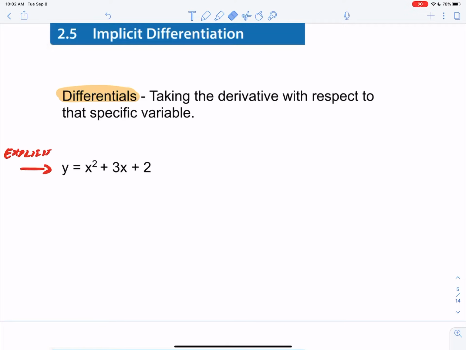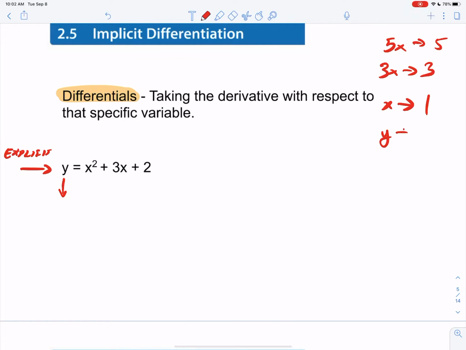Suppose that y was a variable, okay? The derivative of y is just 1, okay? But with respect to y. So for instance, if I ask you guys what the derivative of 5x is, you guys would say 5. The derivative of 3x is just 3. The derivative of x is just 1, okay?